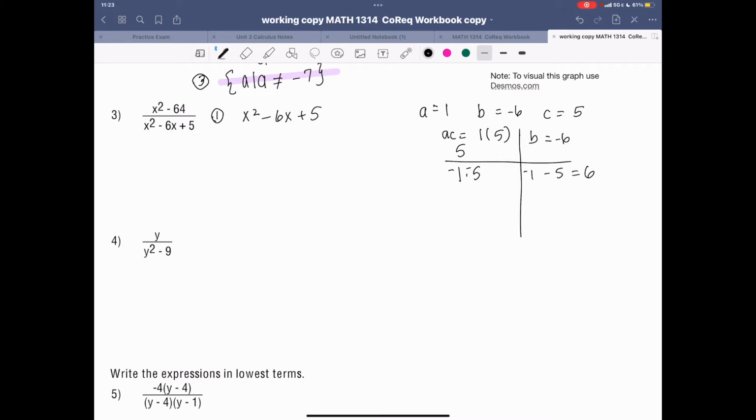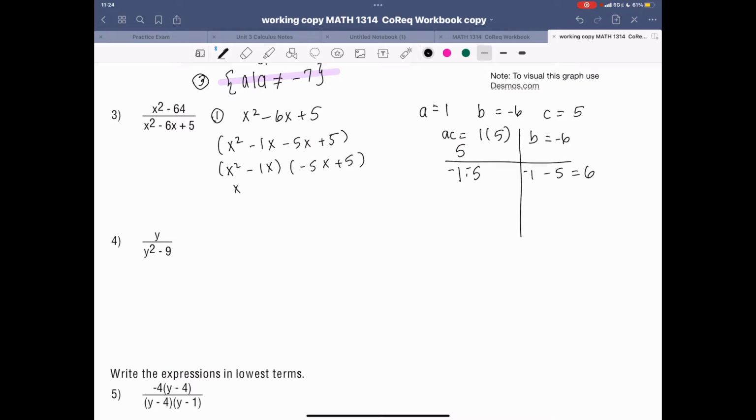So let's see. It's going to be x squared minus 1x minus 5x plus 5. And then we group: x squared minus 1x, minus 5x plus 5.